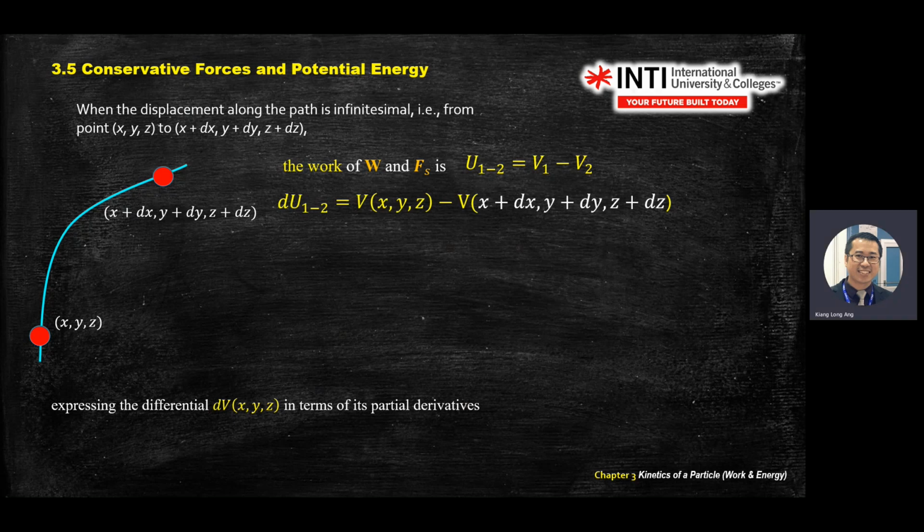You can rewrite the above equation with dU equal to the change of potential energy. Here you have two locations: one is before with its x, y, z, and the second location.